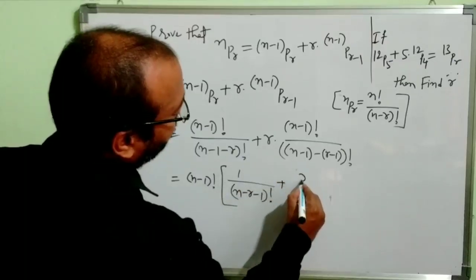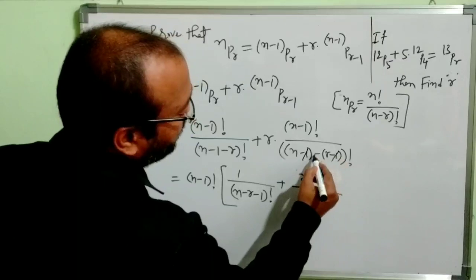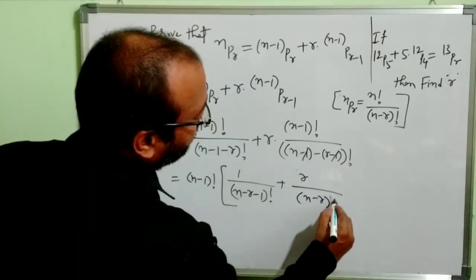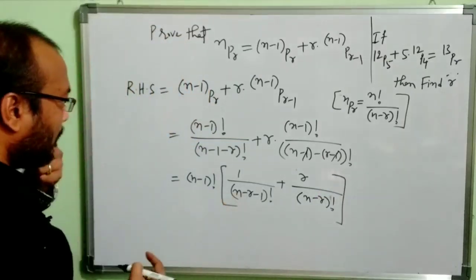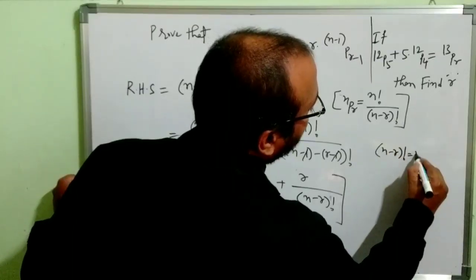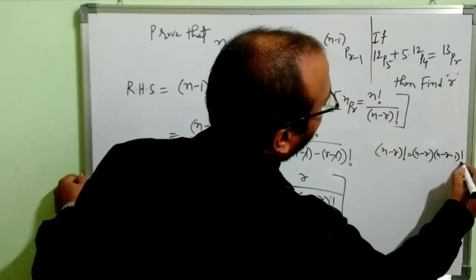Plus here r will be remaining, r by, minus 1 minus or minus plus, these two get cancelled. Then we can get (n minus r) factorial. Now we already know (n minus r) factorial can be written as (n minus r) into (n minus r minus 1) factorial.